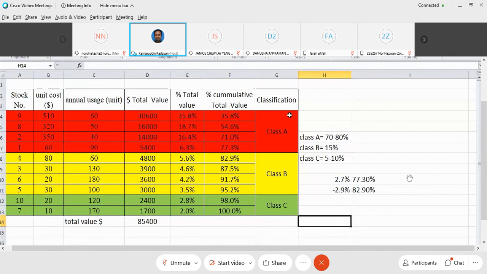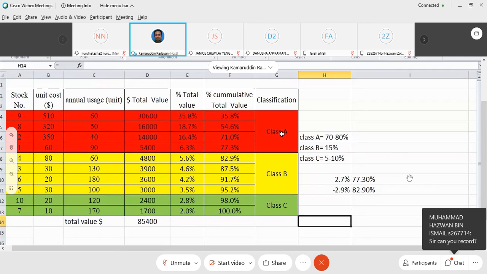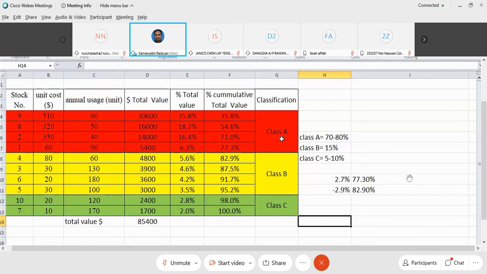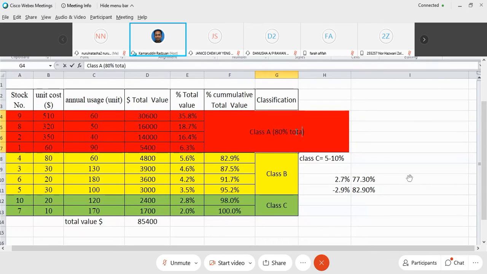We knew that for the class A item, we're using a guideline of 80% of total value, right? So let me note here, 80% of total value.